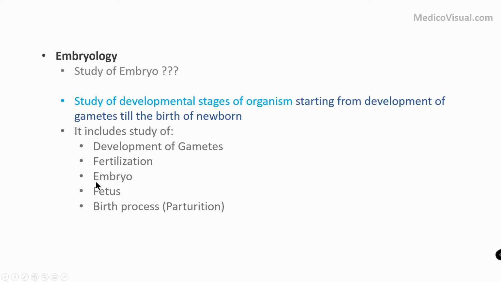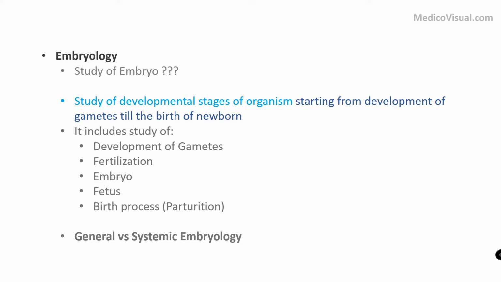So study of the embryo is just one aspect of embryology, but we have to study all these things. Study of the fetus is also called fetology, and it is considered a sub-branch of embryology.